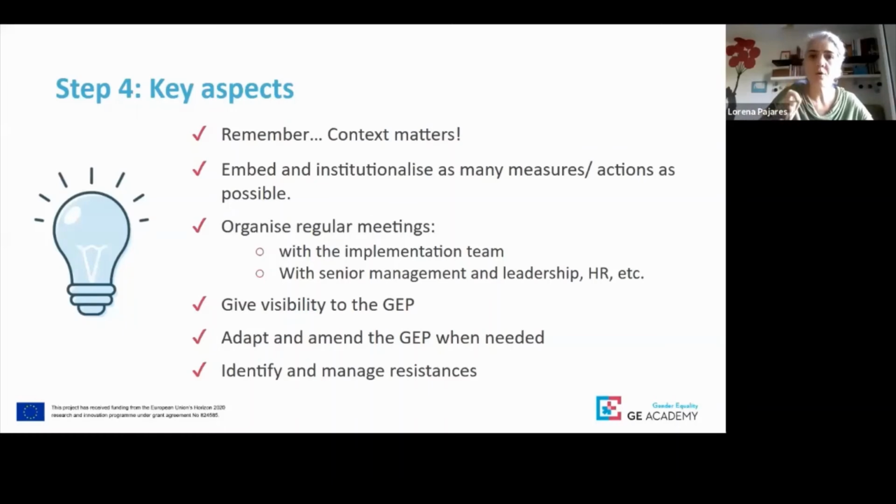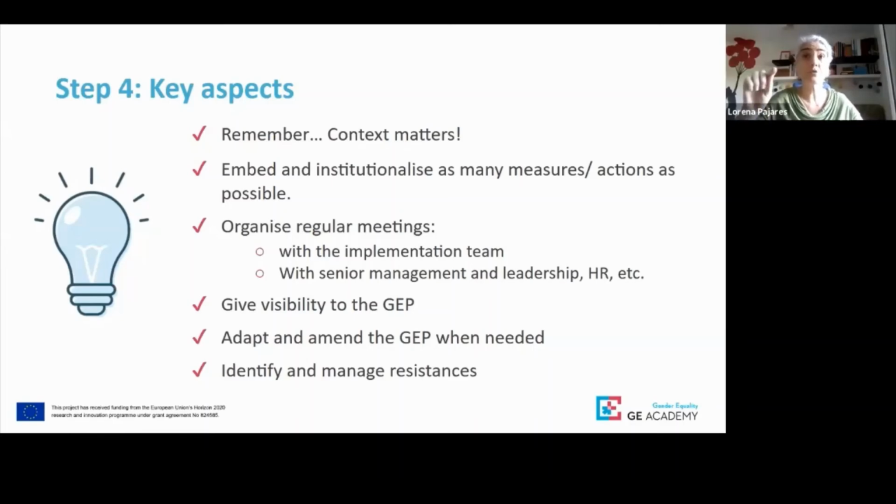So we need to permanently plan meetings with these co-workers and so on. This is what will help create first ownership of the gender equality plan, and what will motivate people to properly implement the plan, okay, and strengthen its potential, okay.